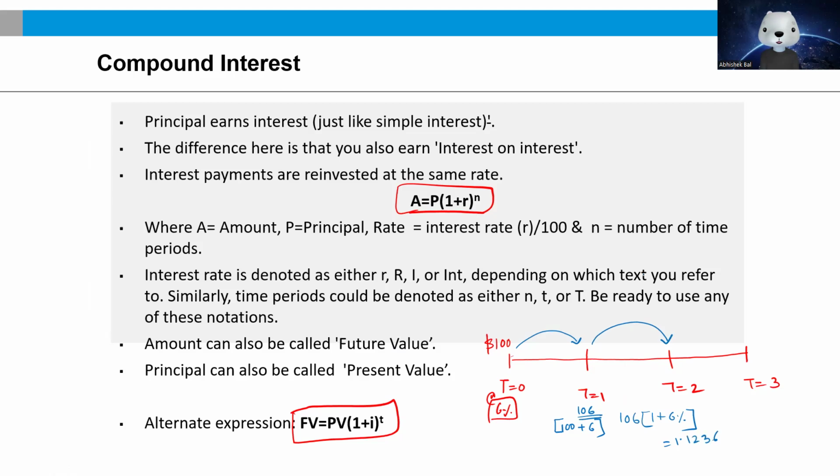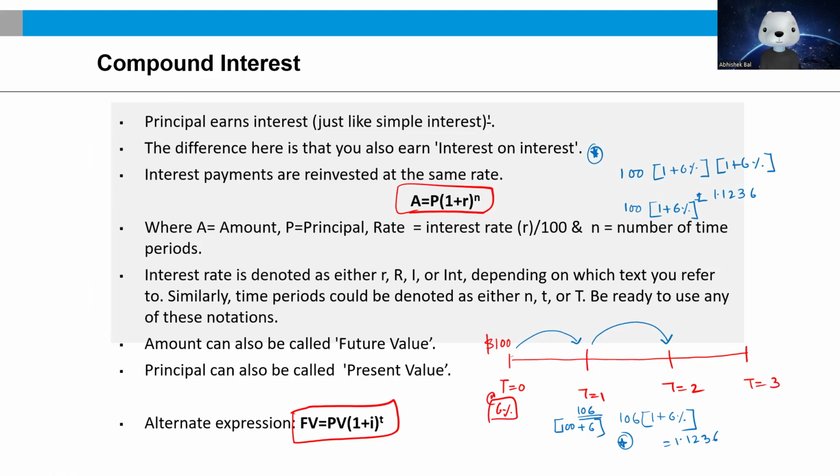Now, if you expand this a little bit more, it seems like it is equivalent to 100 into 1 plus 6% into 1 plus 6%. Is it not? Because if you do the same math, it is going to actually yield you 1.1236. In other words, this is my principal, 100. If I compound it for 2 periods, this can be expressed as 1 plus r, or 1 plus 6% out here, to the power 2, because it is compounded for 2 periods.